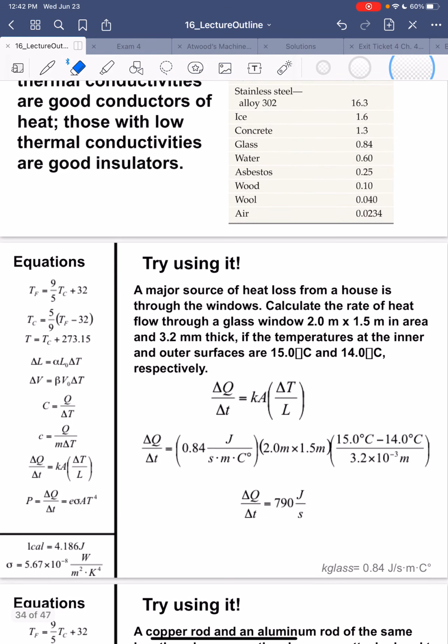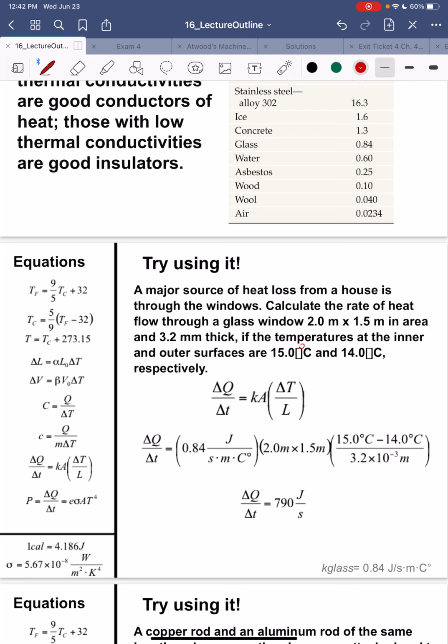Here we want to try using it. A major source of heat loss from a house is through the windows. Calculate the rate of heat flow through a glass window that has these dimensions. This is the area and this is the thickness. The temperatures at the inner and outer surfaces are 15 degrees Celsius and 14 degrees Celsius.